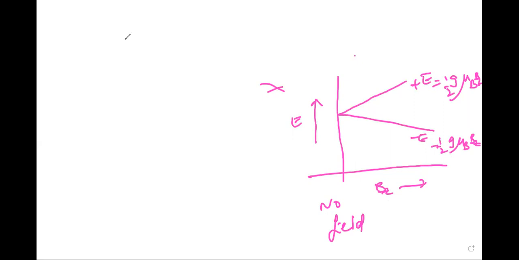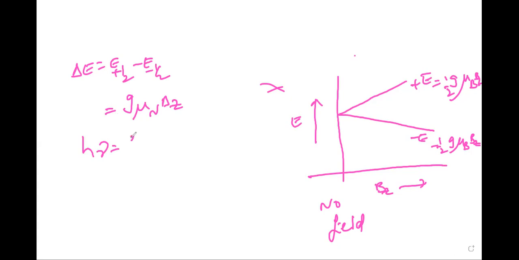The difference in energy between two spin states of an electron in the presence of a magnetic field, delta E, is equal to E plus 1 by 2 minus E minus 1 by 2. If we substitute these two values, then we will get g mu B into Bz. So here energy equal to h nu is equal to g into mu B into Bz.